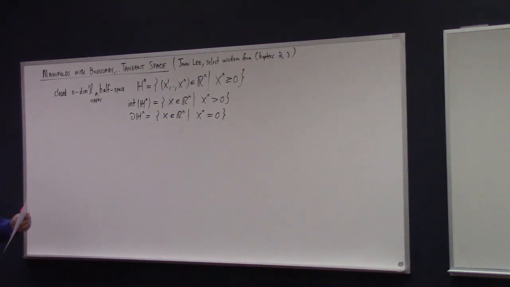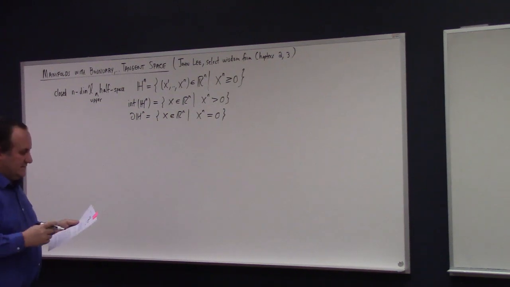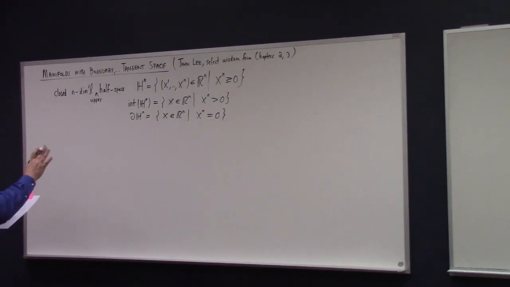If you want a less easy version of this, look at Jeffrey Lee's book. But this is nice because in this book, if you're asked to prove something about manifolds with boundary, then this is your definition. You'd rather not prove them in Jeffrey Lee's definition. So, nicer bookkeeping here.